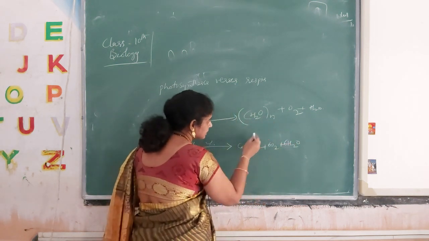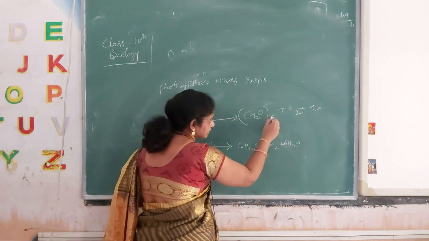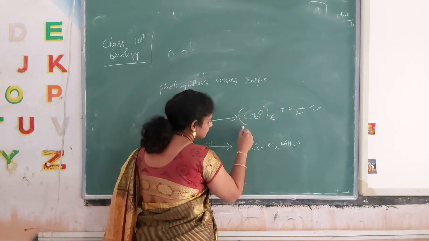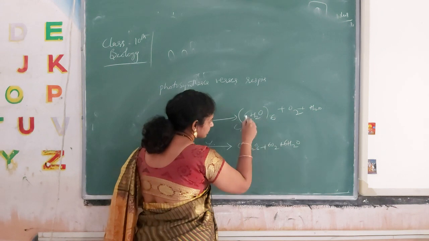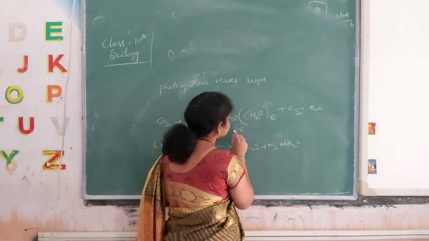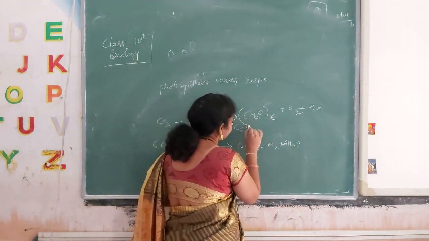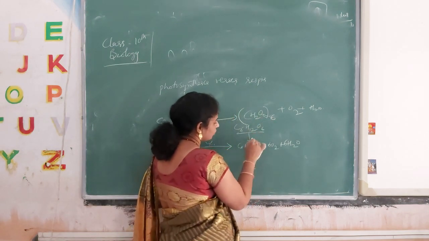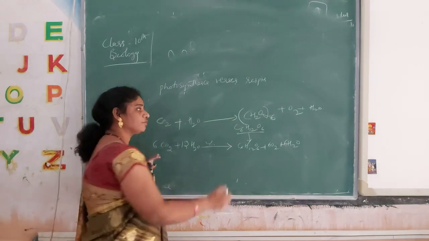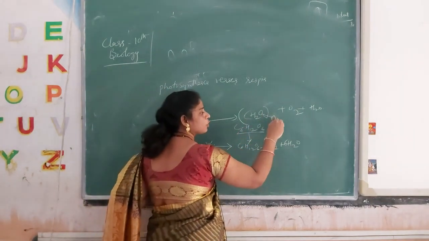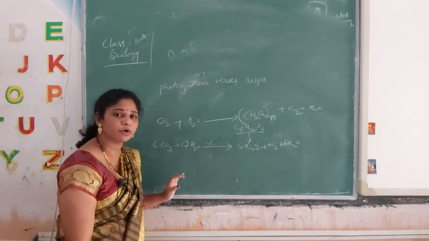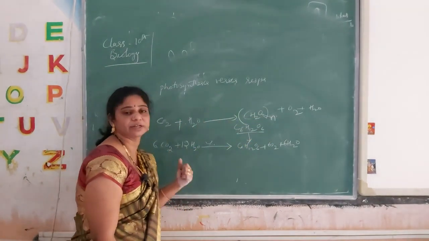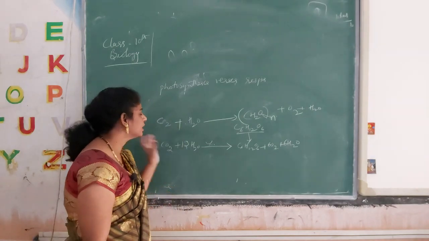If you write 6 instead of n, we get 6 carbons, and 6 times 2 is 12 for the oxygen, 6O2. In this way we get this. Here they have given it in the form of n, and if you write 6 for n, you will get this equation.